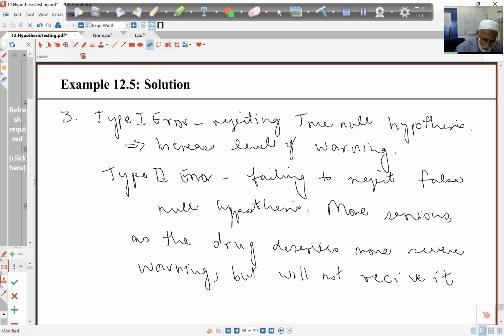So that's more of a problem where you actually should be giving the drug a higher warning rating, but you aren't because your hypothesis test isn't correct.